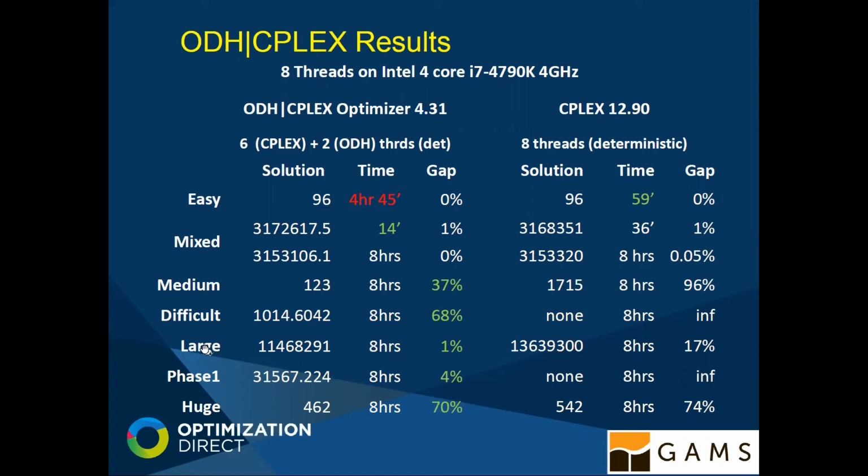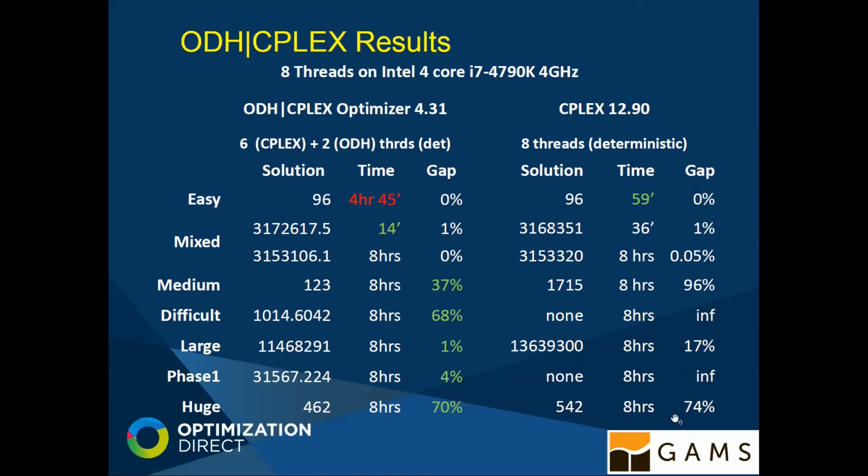The large supply chain model is one in which after 8 hours we've got a very good solution with ODH CPLEX, but not really a usable one using ordinary CPLEX. The difference is starker with the scheduling model phase 1, where again after 8 hours we've got an almost usable solution, but sadly with CPLEX we haven't got any solution at all.